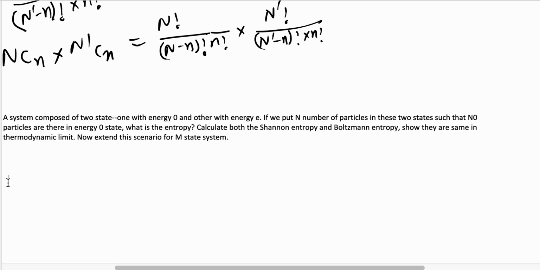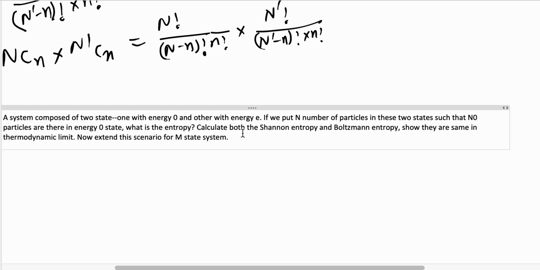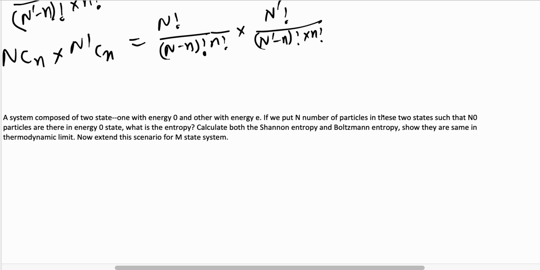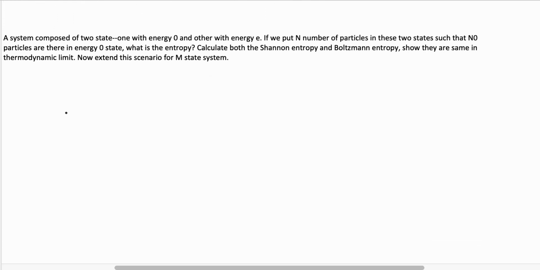In this question, it is asked that a system is composed of two states, one with energy 0 and the other with energy E. If we put n particles in these two states such that n0 particles are in the energy 0 state, what is the entropy? Suppose there are two states, this state's energy will be 0 and the other state's energy will be small e.